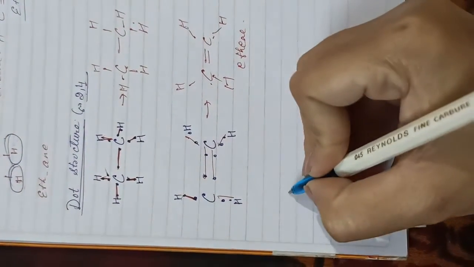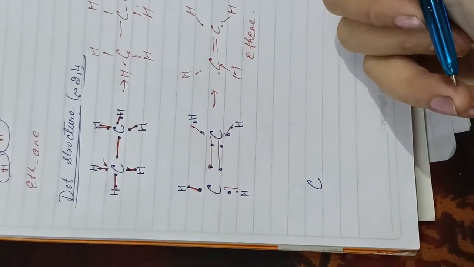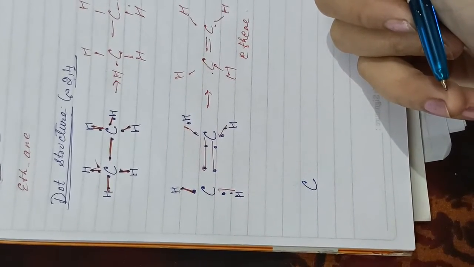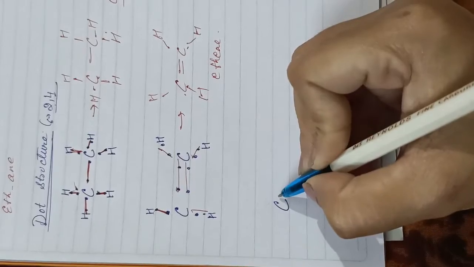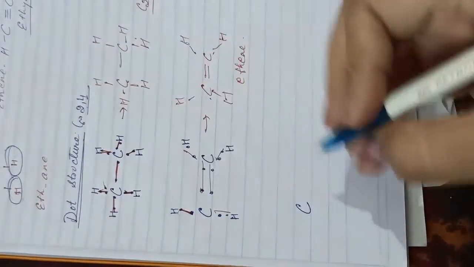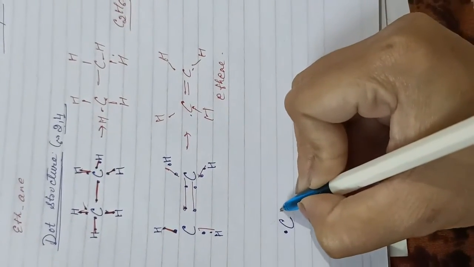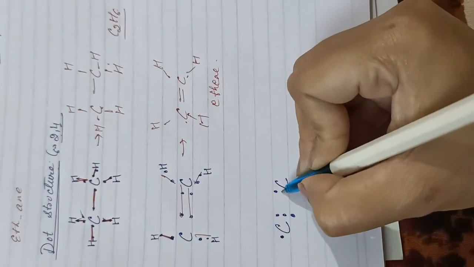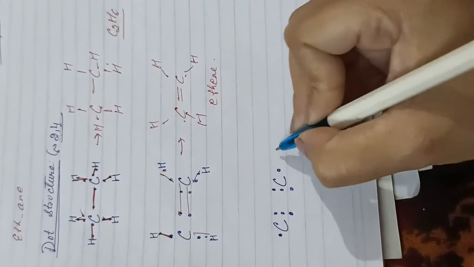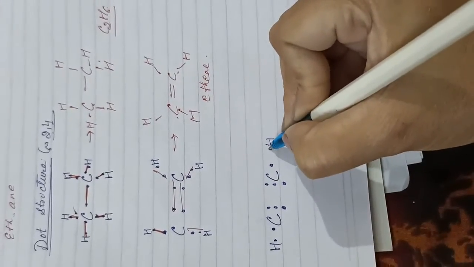Now next we will take a third one. In the third one we are using a triple bond. If we are using a triple bond, it means only one H will come on each carbon. Carbon has 4 as its electronic configuration, so one carbon here with 1, 2, 3, 4, and the second carbon with 1, 2, 3, 4. Now I have taken a hydrogen here, 1, and this one hydrogen, 1.